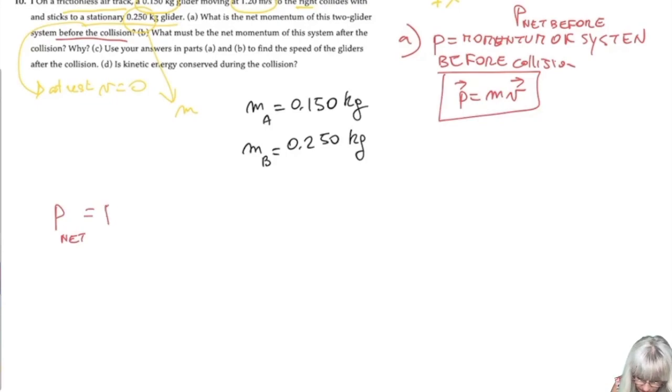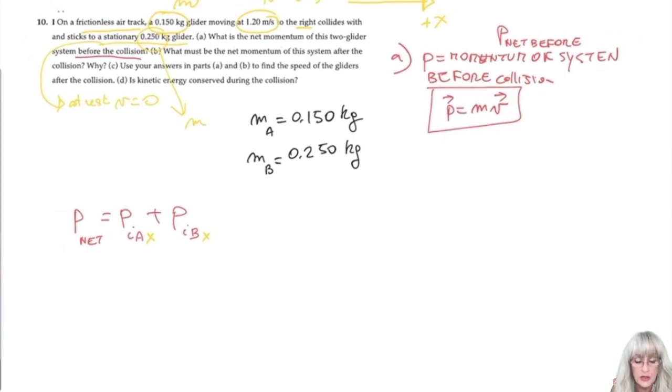the momentum initial of object A plus the momentum initially of object B. Yes, if I want to be nice, I'm gonna put the x-axis right there that I put up there in yellow, just to let you know I'm computing the momentum net before the collision along the x-axis. Let's spell it out. Momentum of A, this is initially, and this is the momentum of B initially.